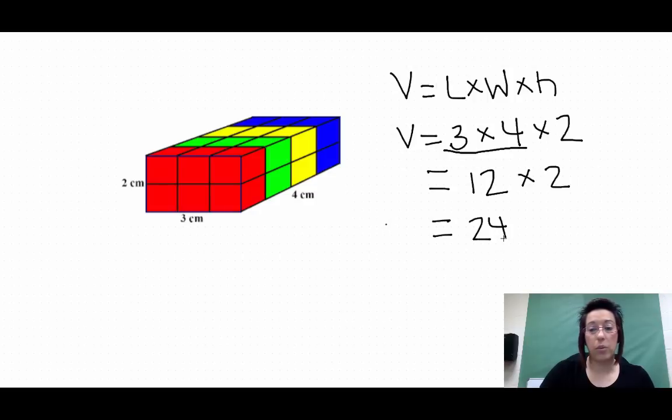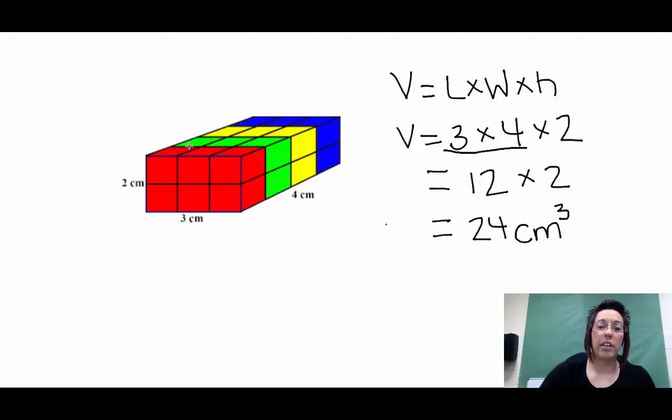So volume equals 24 centimeters cubed. So when we calculate volume, we get cubic whatever units we had to measure. So we put the little 3 up in the air. We always make sure to use our units.